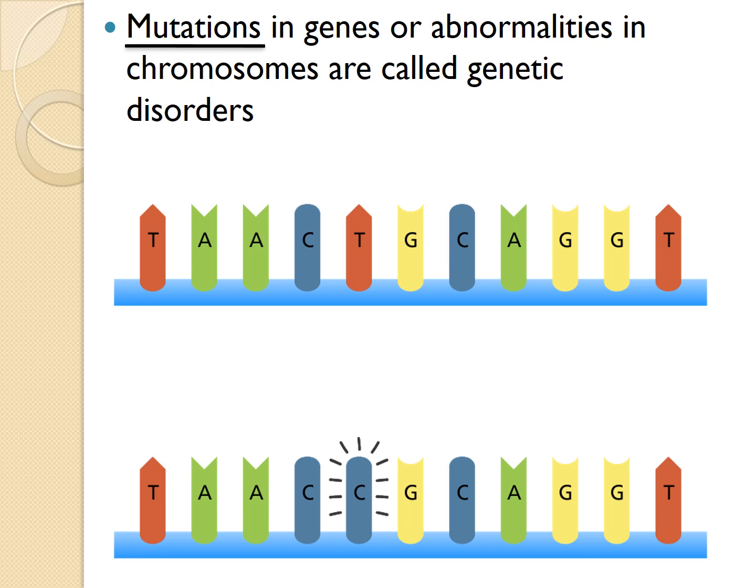Then it is written, or abnormalities in the chromosomes. When we learned about chromosomes, we learned that humans have 46 chromosomes in the form of 23 pairs. When you say abnormalities in the chromosome, it means that many people who have this genetic disorder show an increase or decrease in the number of chromosomes.